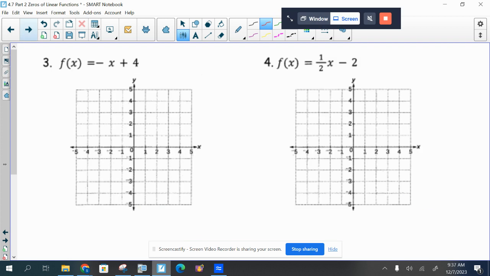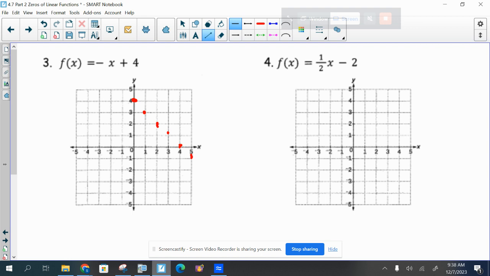Next question. We'll do 3 together and you can do 4 on your own. So for 3, this has a y-intercept of 4 and a slope of -1. So you go down 1/1, down 1/1. So slope is -1.